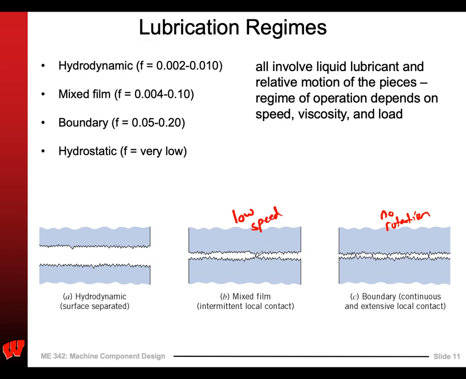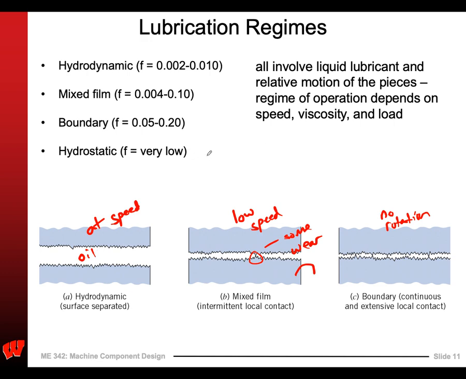For the most part they're not touching, but a high spot versus a high spot is going to impact here. And then finally, at speed, we get the full hydrodynamic effect, full Reynolds lubrication, so the metal doesn't touch the metal at all. It's all filled with oil. Those are the three regimes.